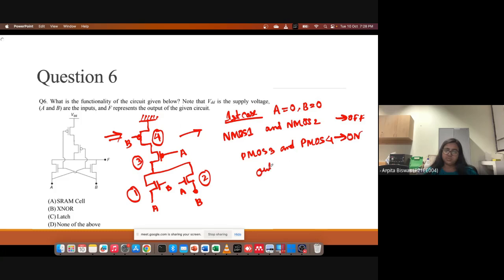The output will come out as 1, right? So if you are taking the truth table, here A, B, and here is the output. Okay. So taking A 0, B 0, the output you are getting is 1. Okay. And next we are going for the second case.